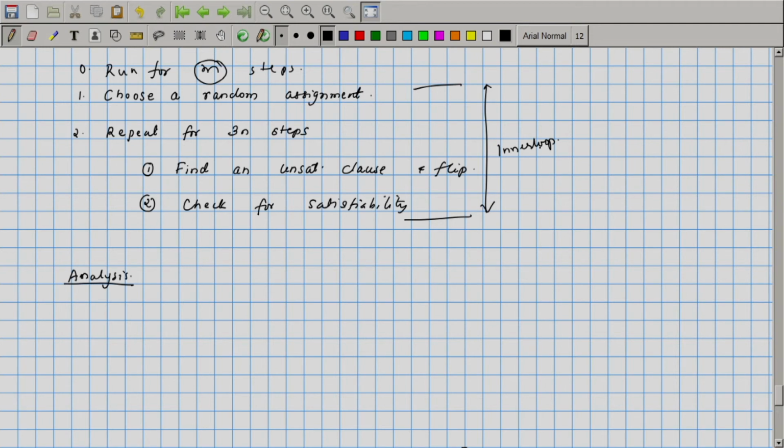Okay. What is the success probability for the inner loop? Okay. If the success probability of the inner loop is q, we need to run the algorithm for 1 by q steps, okay, because this is like a geometric random variable. Each run of the inner loop is independent of the other iterations.